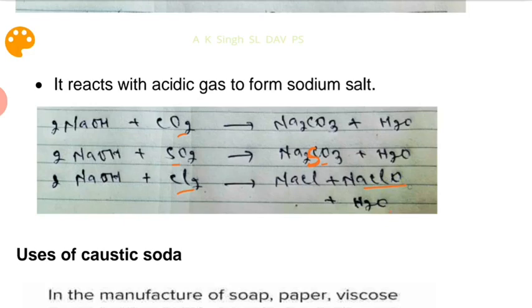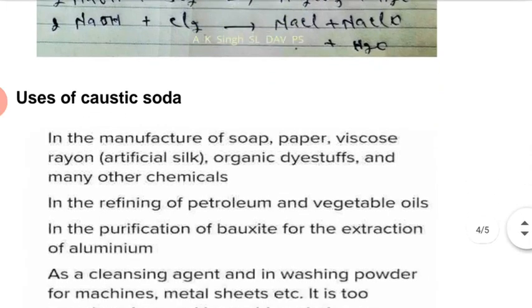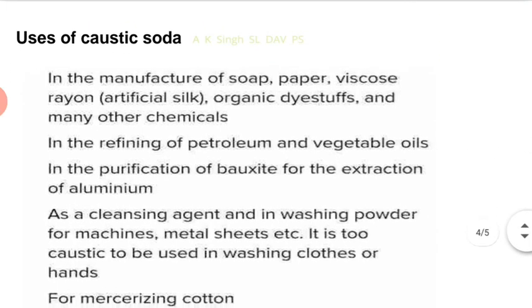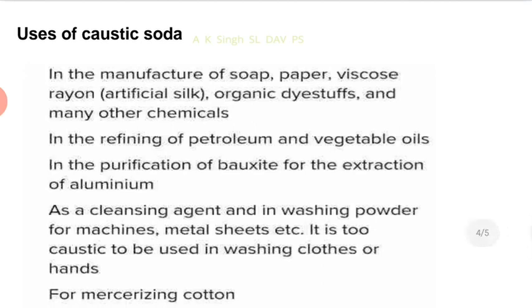Sodium hydroxide, when it reacts with chlorine gas, forms sodium chloride, sodium hypochlorite, and water. Sodium hypochlorite, you have read the name on TV, is used to sanitize buildings or areas, etc.